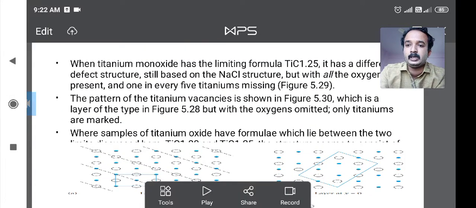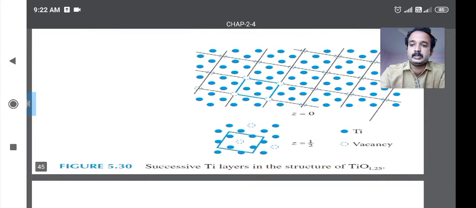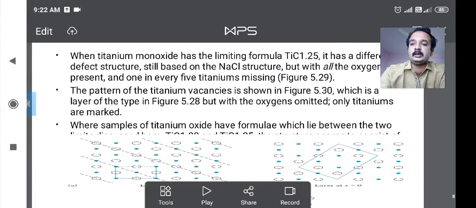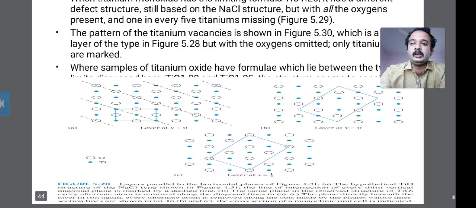The pattern of the titanium vacancy is shown in figure 5.30. This figure shows the pattern of titanium vacancies, and the layer is of the type in 5.28, but the oxygens are omitted and only titanium is marked, for a sample of titanium oxide with a formula in this range.